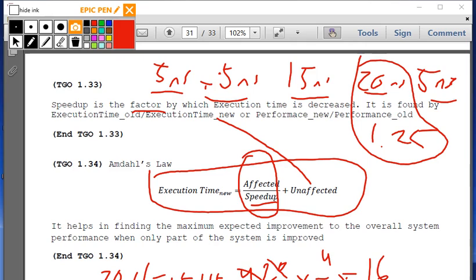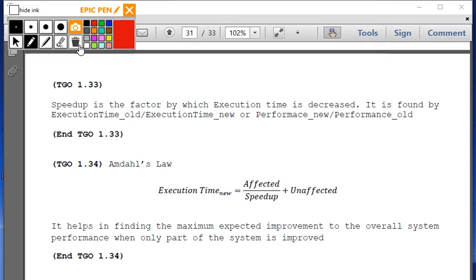So we've now calculated our new execution time. The old execution time was 50. So our speed up was actually 50 over 46, not 1.25. And so the relevance of Amdahl's law is it helps in finding the maximum expected improvement to the overall system performance when only a part of the system is improved.